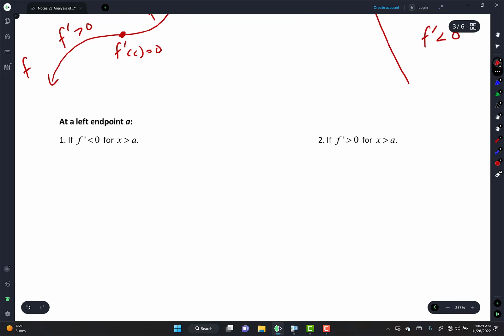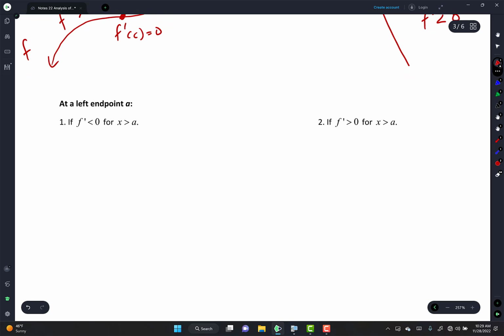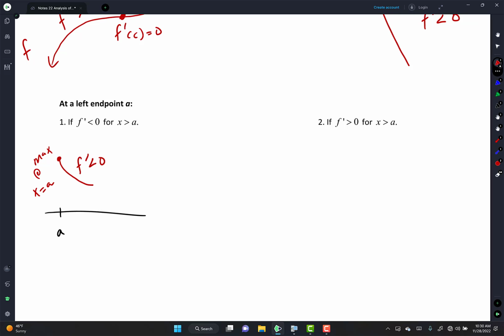At a left endpoint, A. So we're gonna say if at A, so here's a left endpoint. I'm gonna call that A. If at A I immediately start decreasing, we're gonna call this a max. Max at x equals A. Does that make sense?